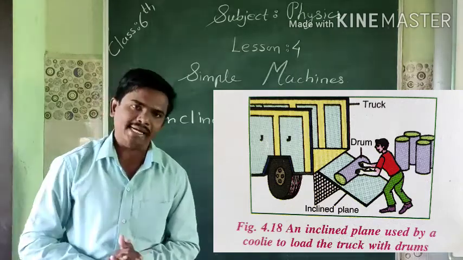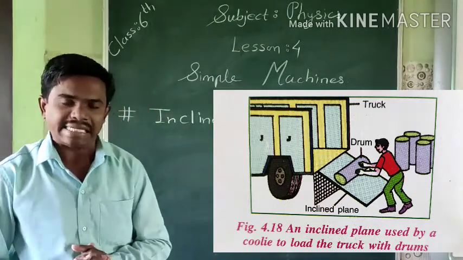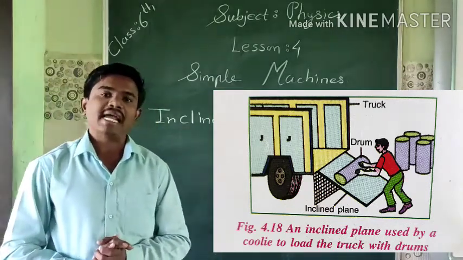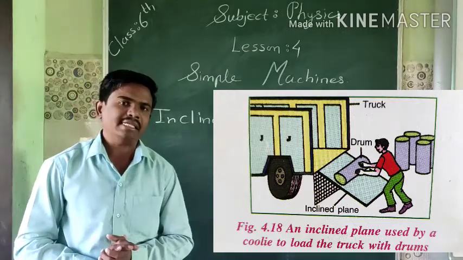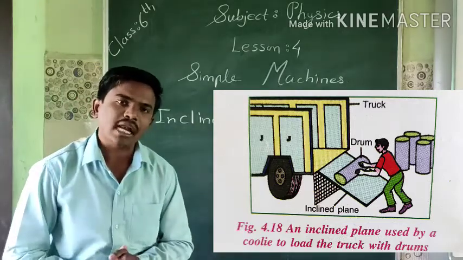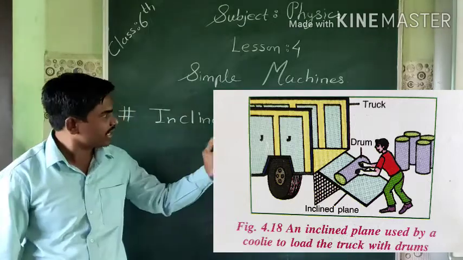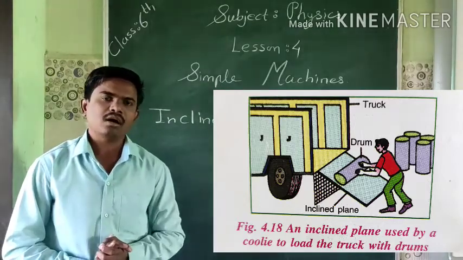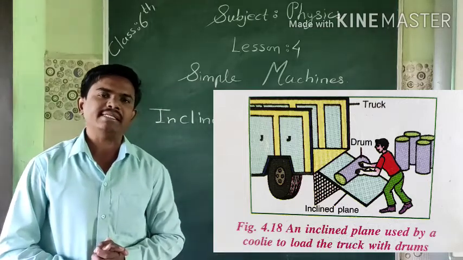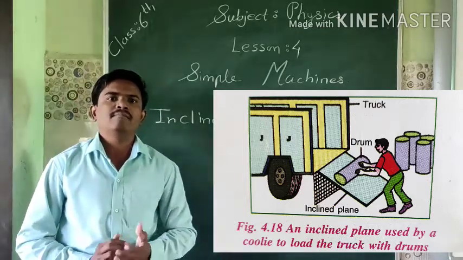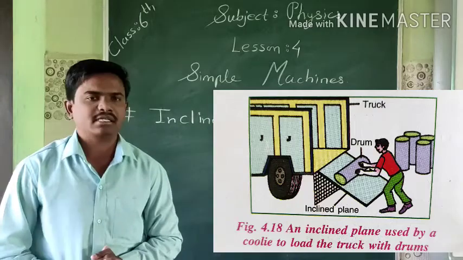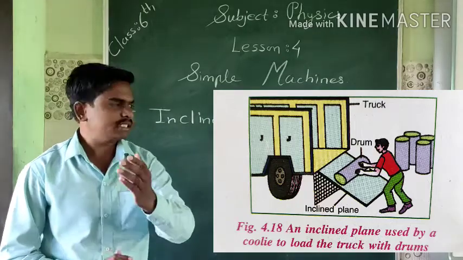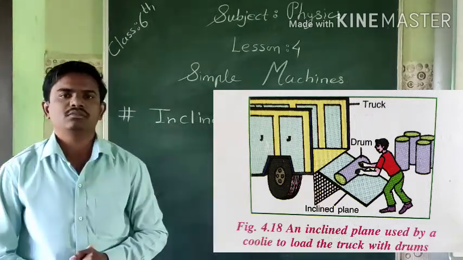One end of the wooden plank is kept on the edge of the truck and the other end on the ground, that you can see in the figure. Then he pushes the drum along the inclined plane and places it on the truck. You can see in the figure.